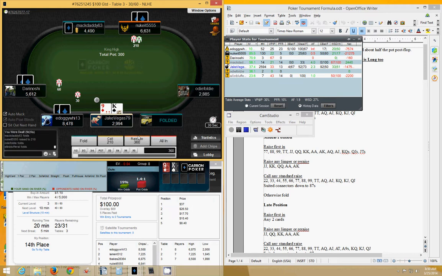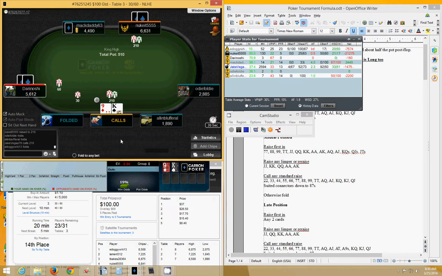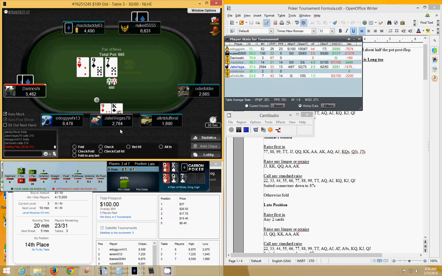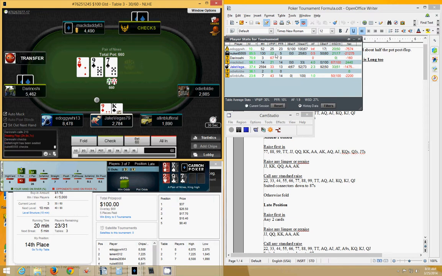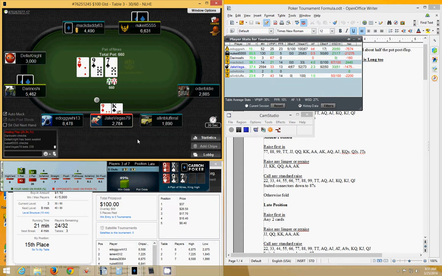Now this is interesting here. Snyder recommends calling a standard raise on the button with any two cards. Here we go with King 9. We've got Nuke It, who's a rock. And the whole idea of calling with any two cards is to just throw out a bet if it's checked around to you.